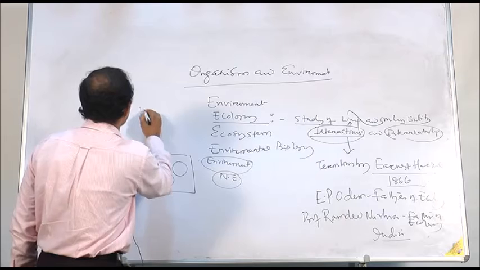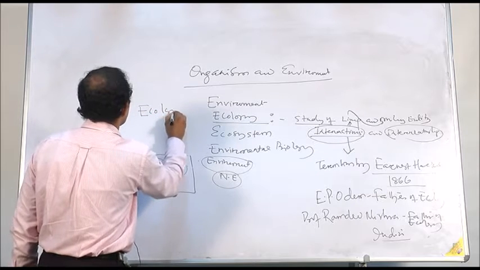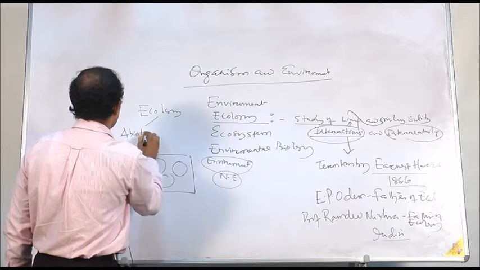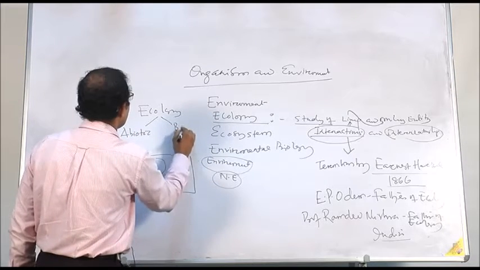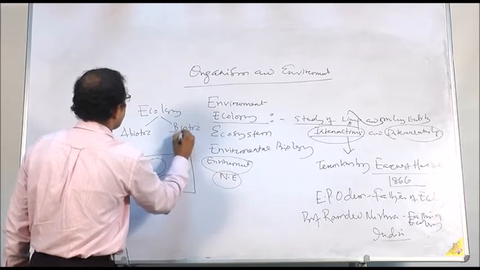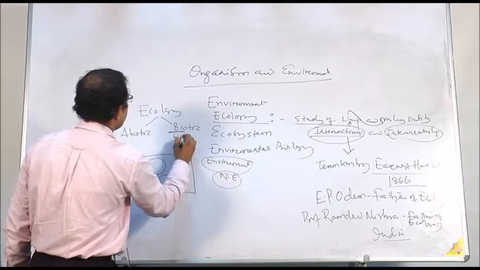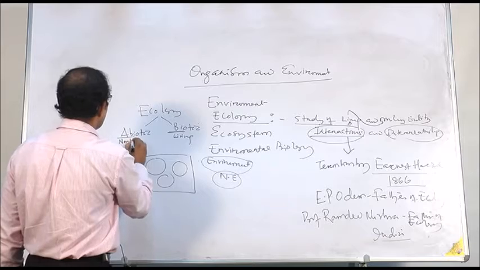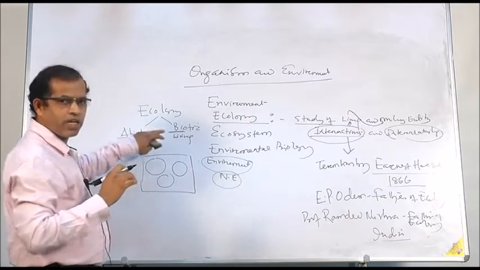When I talked about ecology, I talked about two things: one is the living, another is the non-living. So bio means living, abiotic means non-living.